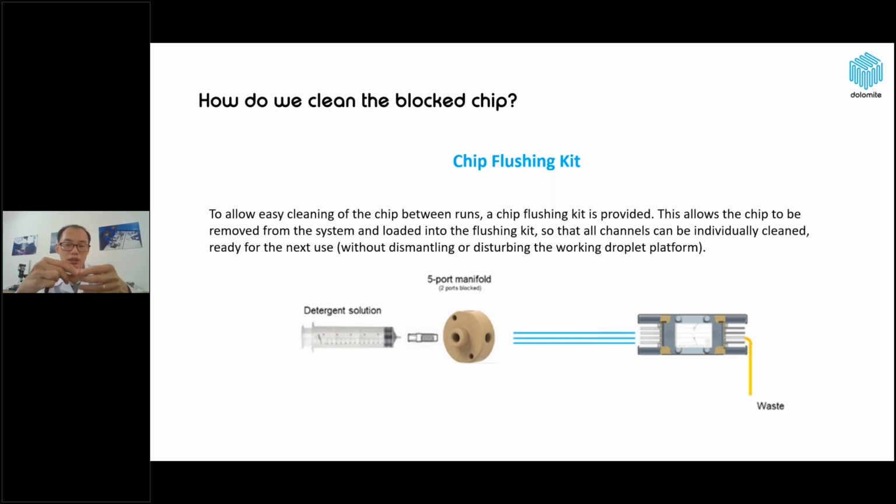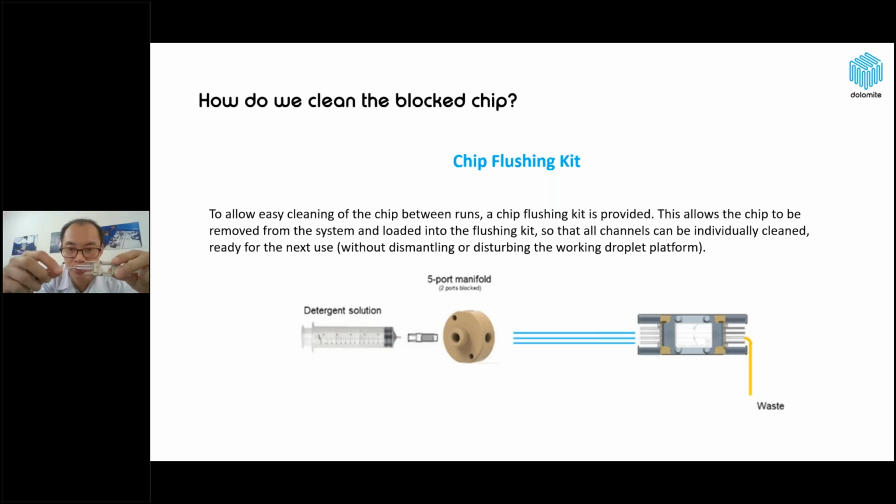So for the setup of chip flushing kits, it's simply connecting with the tubing like in the same experiment setup, but in a very simple way like this. This one, for example, I made for resolving chip blocking if your chip is blocked during your experiment.